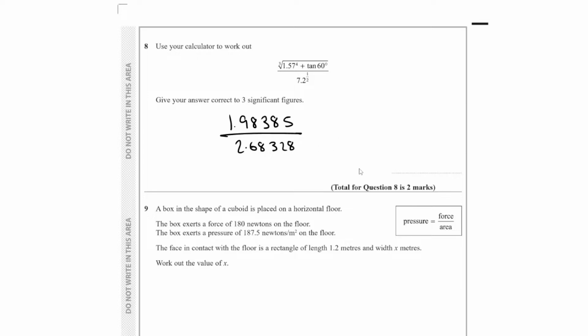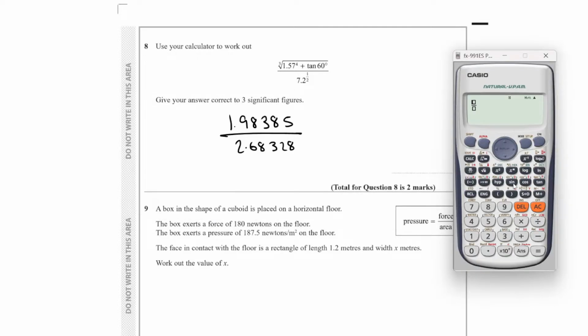Like maybe if you write down something like that, and then obviously put your answer. So let's go back. Plus tan 60 over, I'm just going to put answer because obviously that was my previous answer, wasn't it? So this is the actual answer.